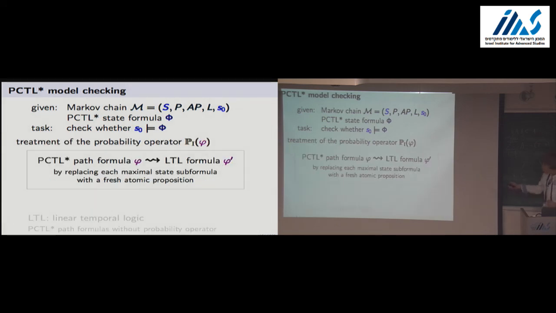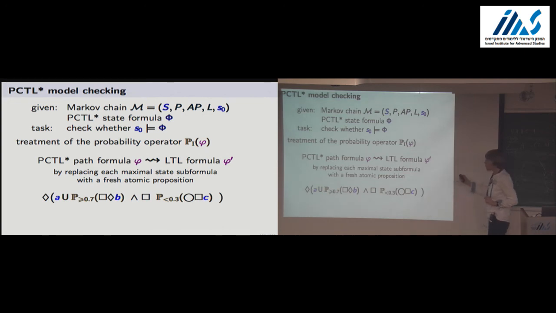Just to sketch these ideas, first this step from a path formula of PCTL star to an LTL formula. Take this path formula here, the outermost operator is this eventually, and then we have this conjunction, here some formula and here some formula. Now with this recursive approach to evaluate inner formulas first, we would first evaluate these state subformulas with a probability operator.